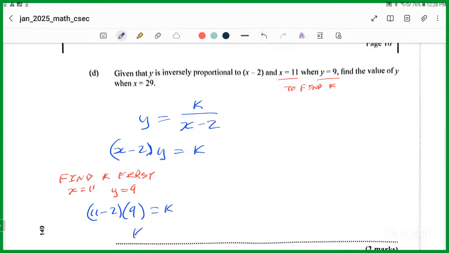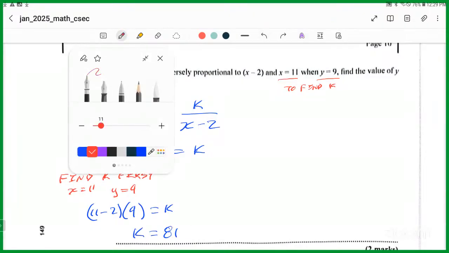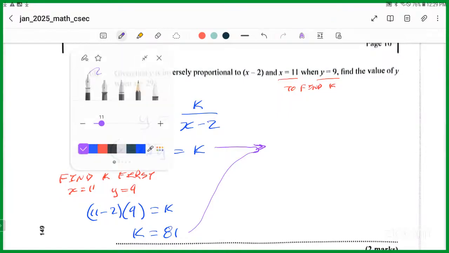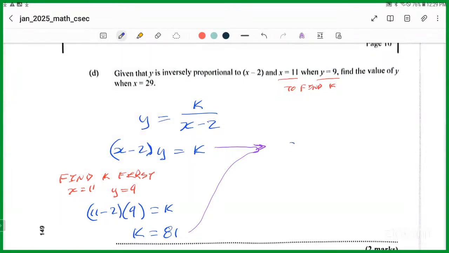So the k is equal to 81. Since the k is equal to 81, we're going to use these two now to get the relationship. So use this and this together to get the relationship formula. It means that x minus 2 times y is always equal to 81.